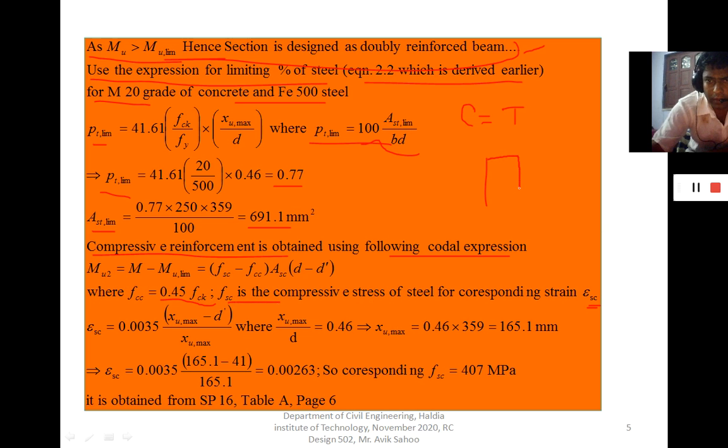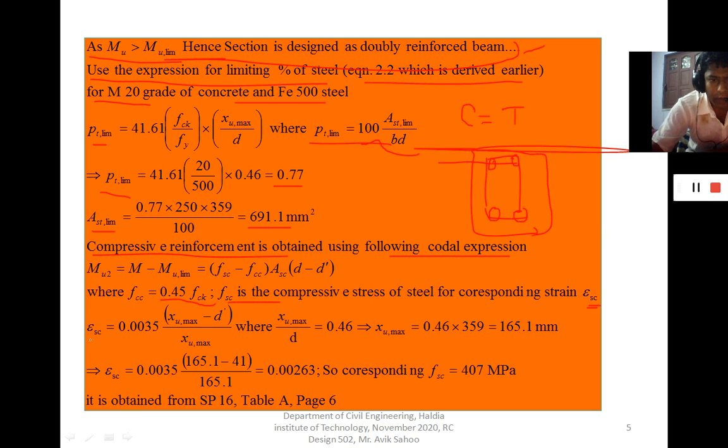You need to find out the Fsc for the corresponding strain. If this is a section with the compression steel, at this level, what is the strain that we calculate?